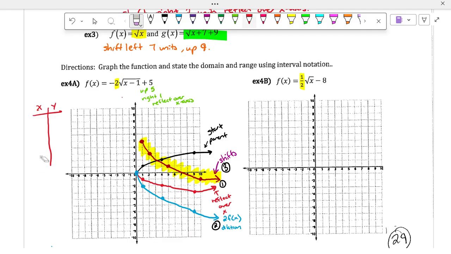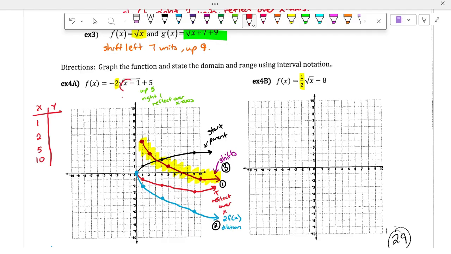So your new x values would be 1, 2, 5, and 10. And then your y values would match up after you put them in.